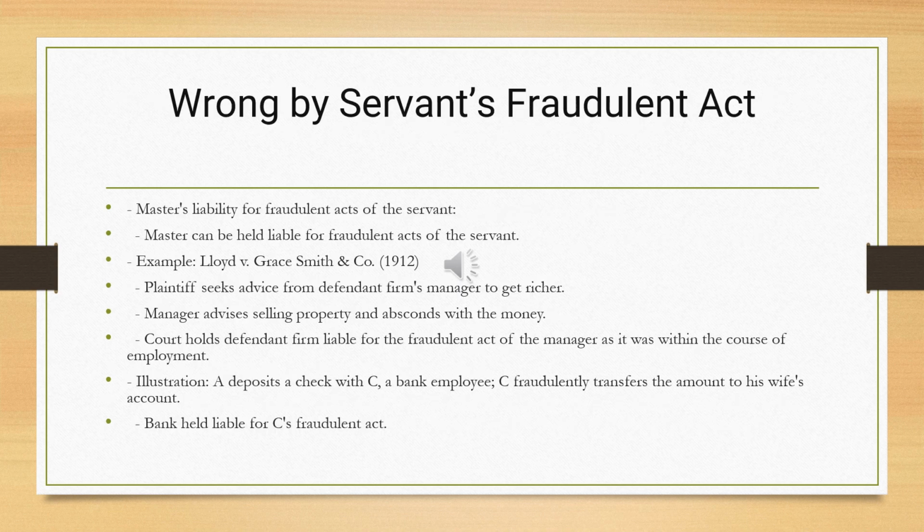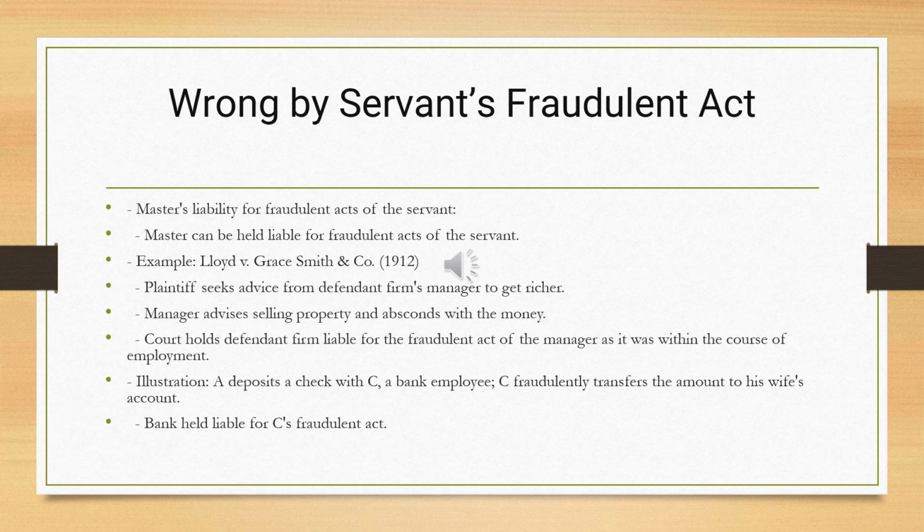Lastly, coming to wrong by a servant's fraudulent act. A master can also be held liable for a fraudulent act of the servant. In Lloyd versus Gray Smith and Corporation 1912, the plaintiff was a widow who was owed £1,000 as dues on a mortgage and a cottage. She went to the manager of the defendant, which was a firm of solicitors, and asked for his advice to get richer.